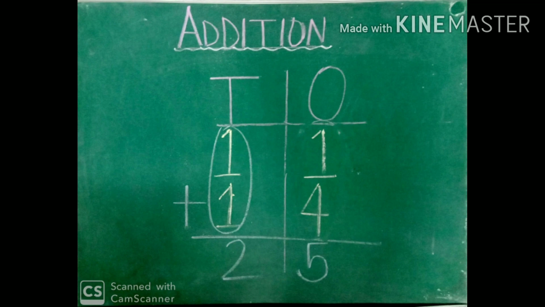That is 1 plus 1. So 1 plus 1 gives us 2. So how many pencils are there in all? There are 25 pencils in all.